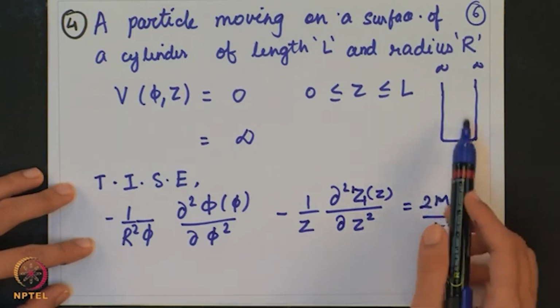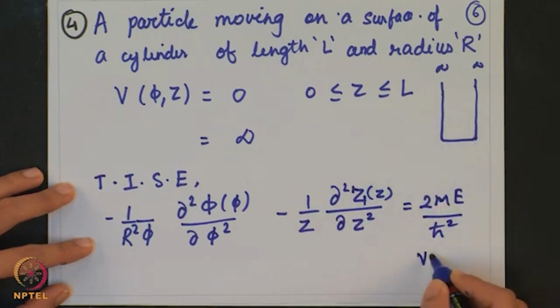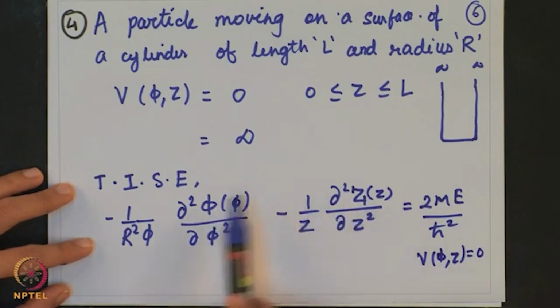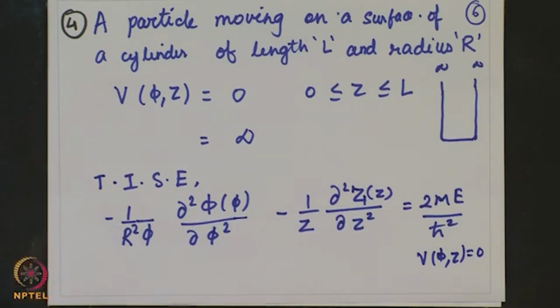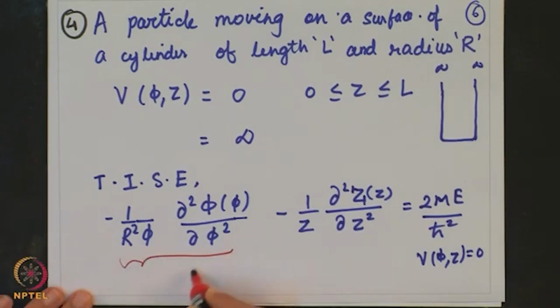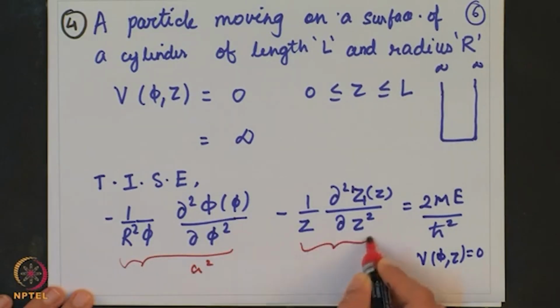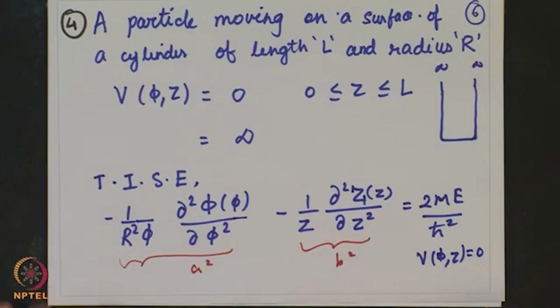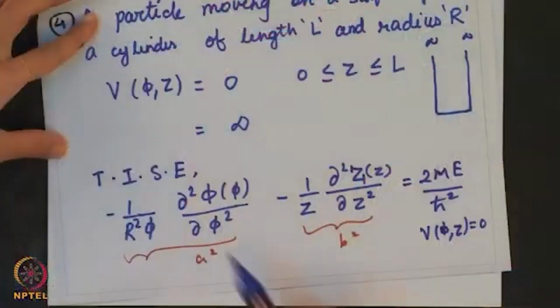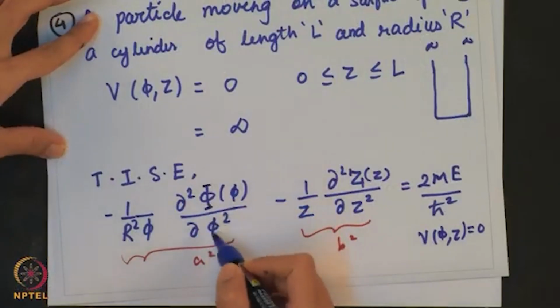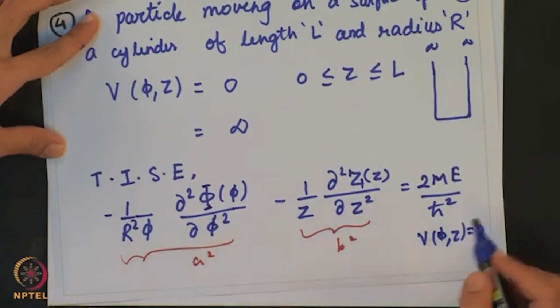Now we are talking about the particle inside the potential, so V of phi comma z is 0. So, we do not have the potential term, and this you can write as some A square, and this you can write as some B square. This is an equation with two variables. Let me call this capital phi to avoid confusion.